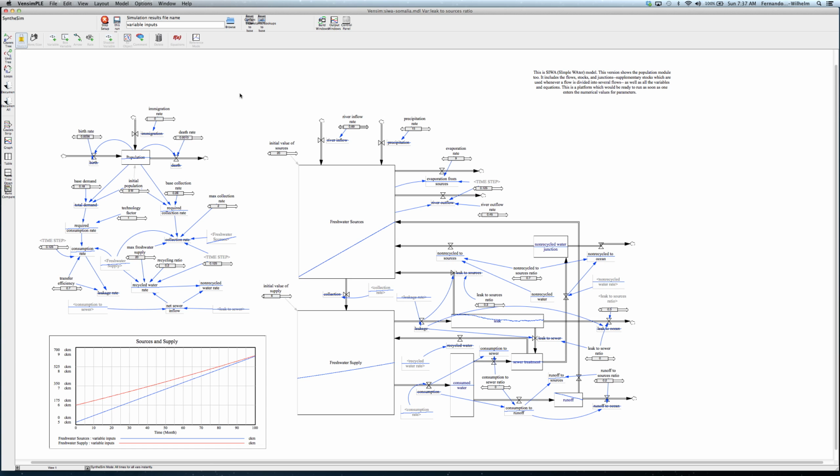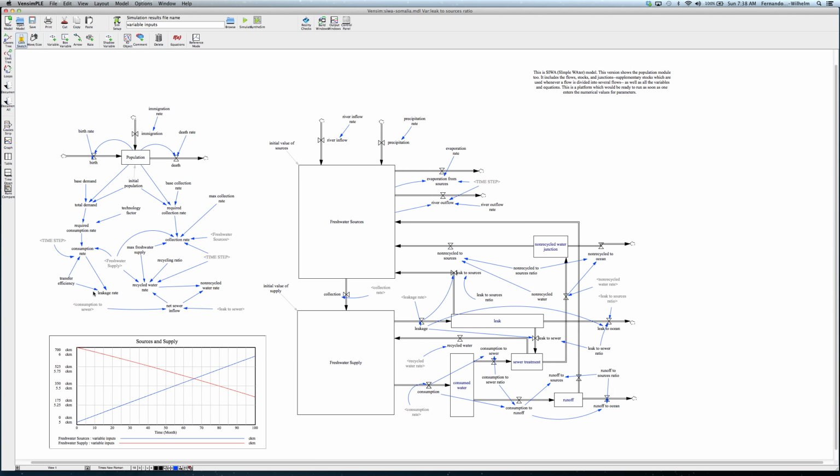One of the parameters that this model was very sensitive to is the efficiency in the transfer. If you tweak this, you can see very quickly that this parameter changes this ratio here significantly. I'm going to stop this, and I'm going to focus on this parameter.